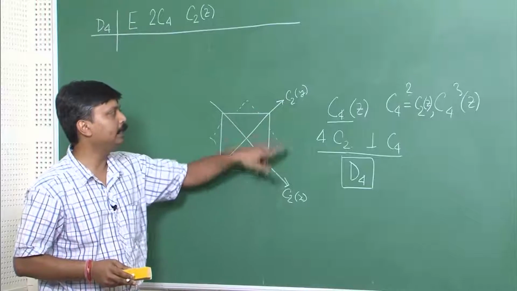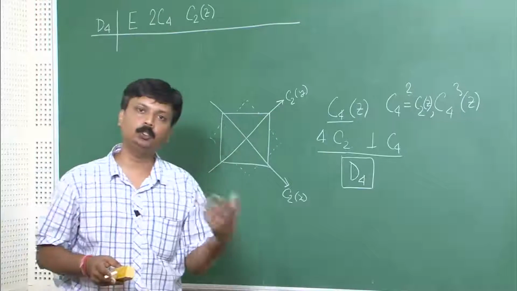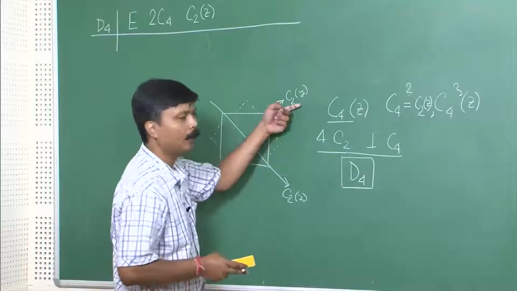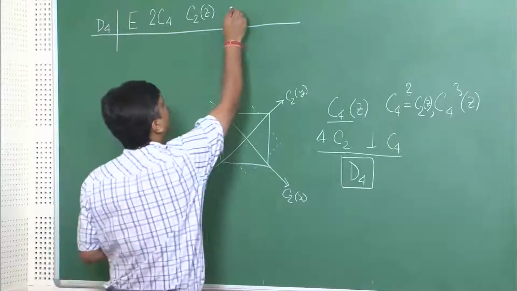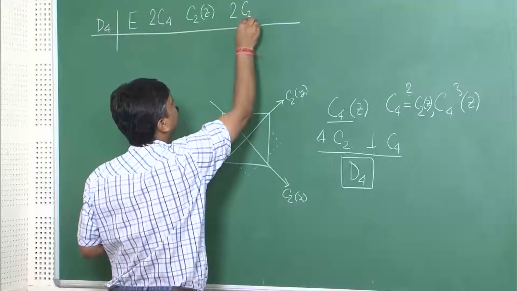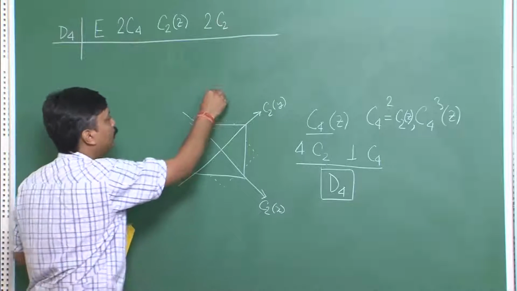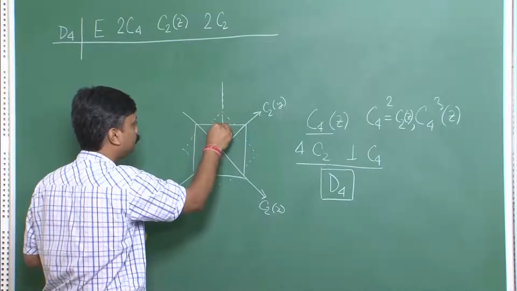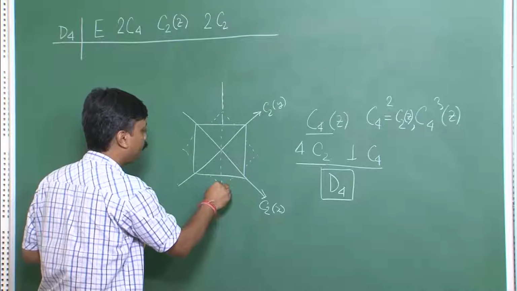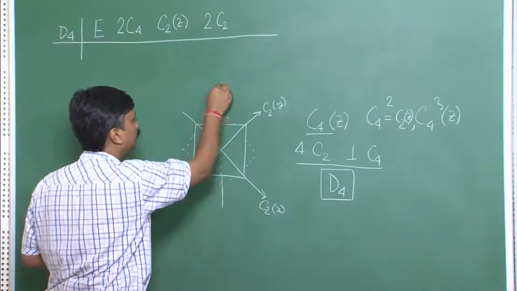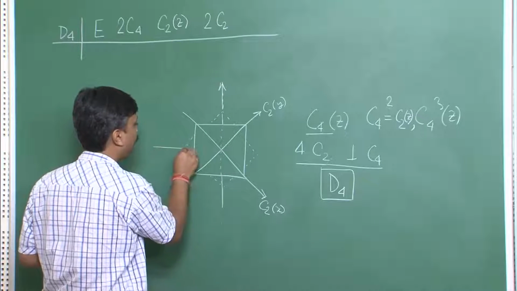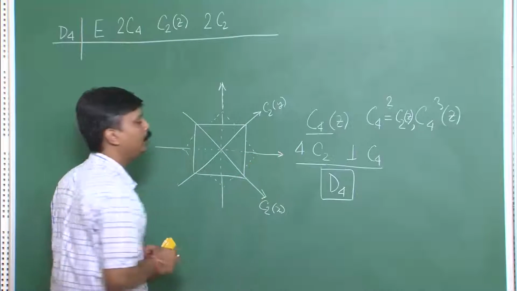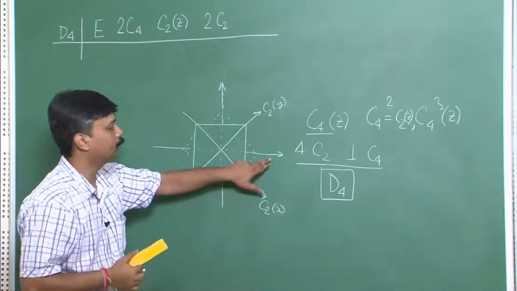Therefore, C2x and C2y are equivalent, and we also know that equivalent operations form a class. So C2x and C2y will form a class which I can write as 2C2. Similarly, the other 2 axes, which are along this diagonal and this diagonal, will also form a class, right.